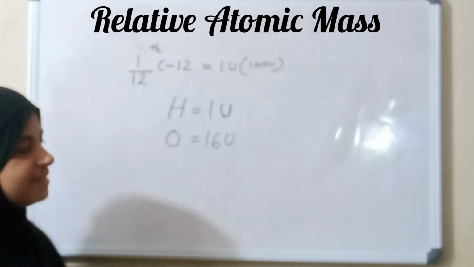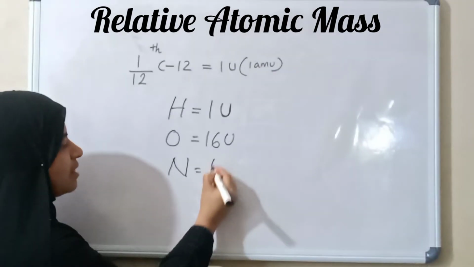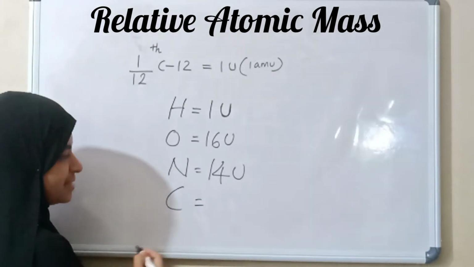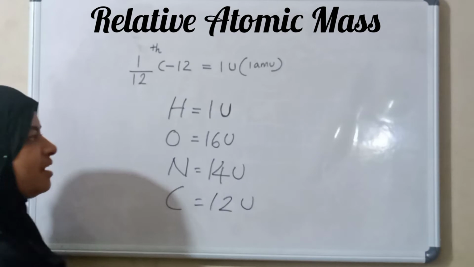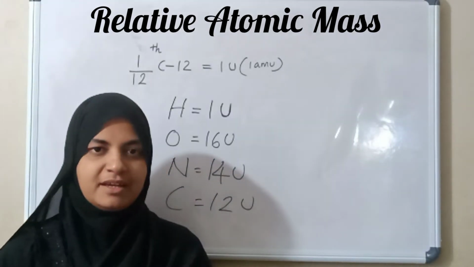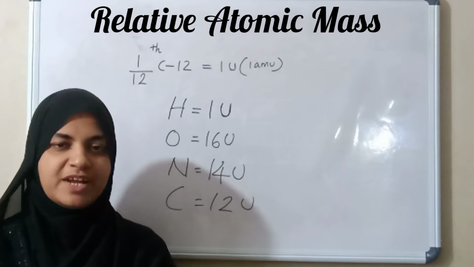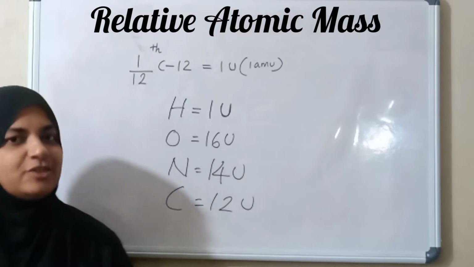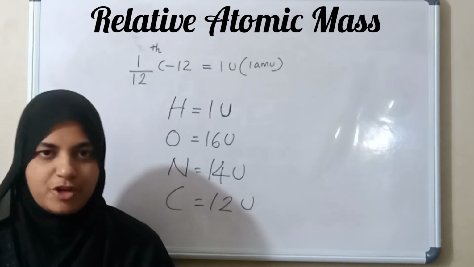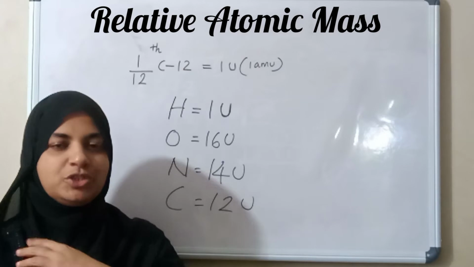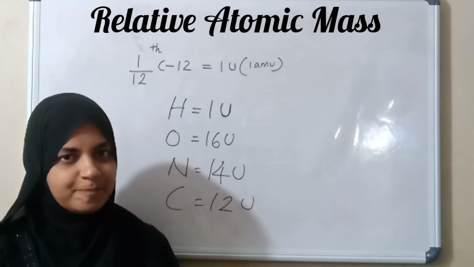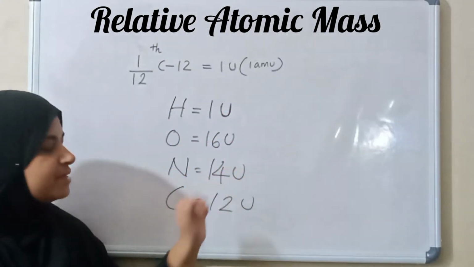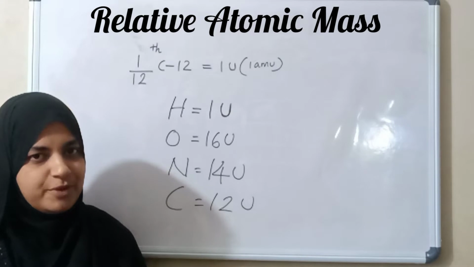Then nitrogen's atomic mass is 14 U. Then carbon's atomic mass is 12 U. Like this, we can find the atomic mass of different atoms. Here, this atomic mass is not an actual mass, it is just a relative atomic mass. In this chapter, we choose this atomic mass. Okay? Here the atomic mass unit is U, that is AMU, unified mass.